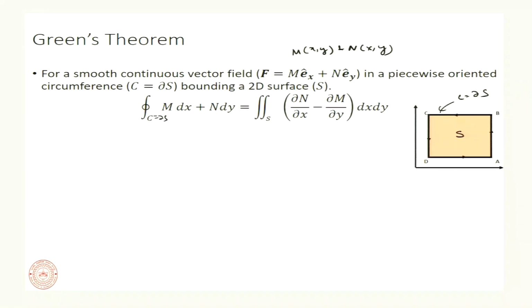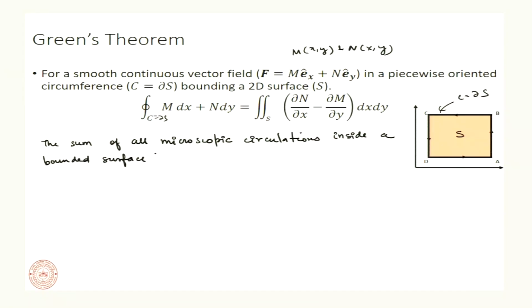So, what the Green's theorem signifies is that the sum of all the microscopic circulations which is inside a bounded surface S is equal to the macroscopic circulation.